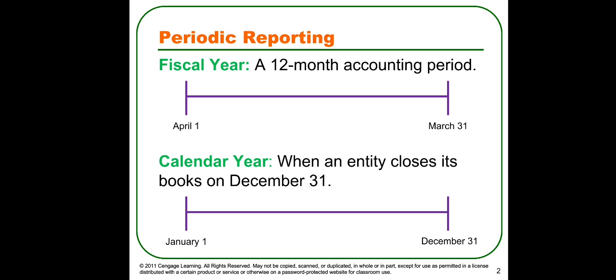So if you have a business, according to the accounting standard, you have to close your account at least once a year. But if you want to know the profit of your business every month, you can close your account every month. Or let's say you want to know the profit of your business every 3 months, you can do that also. But according to accounting standard and regulation and law in many countries, at least once a year a company has to close its account to calculate profit and also to pay tax.